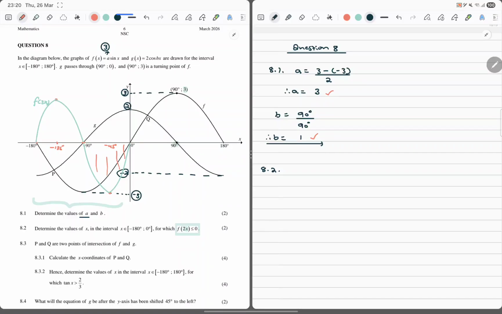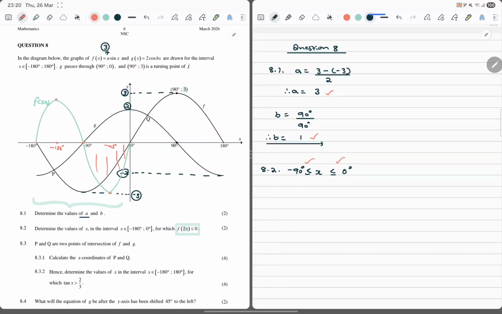This is where it's going to end. Okay, right, and I'm going to show you how to do this without needing the sketch. So we know that x should be less than or equal to 0, but greater than or equal to -90 degrees. And of course, we get our 2 marks.